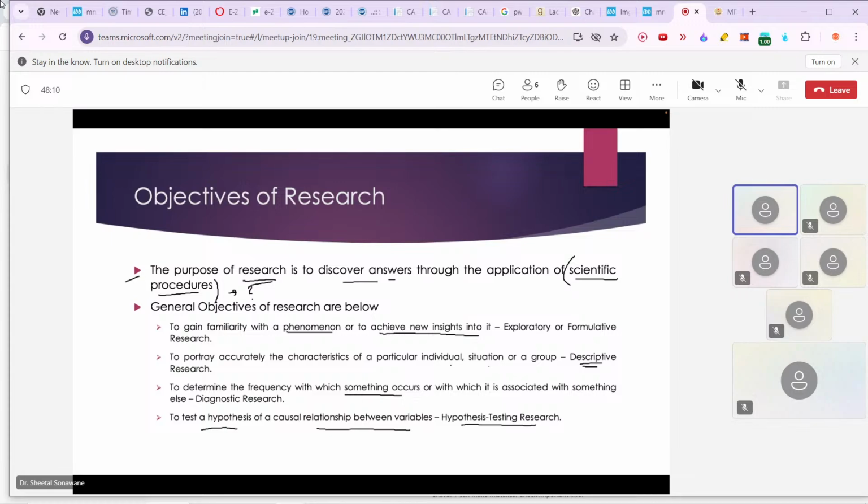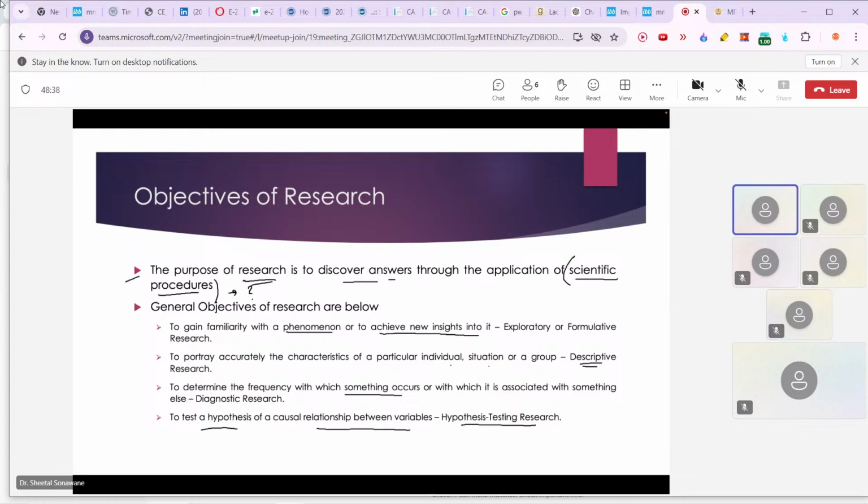This is your new insight, and then you can even claim that this problem can be solved by using a certain methodology. So here you are gaining familiarity and new insights. It is called exploratory or formulative research. You're explaining your problem and formulating a new theory or new insights into it.